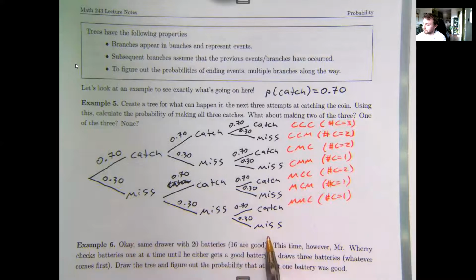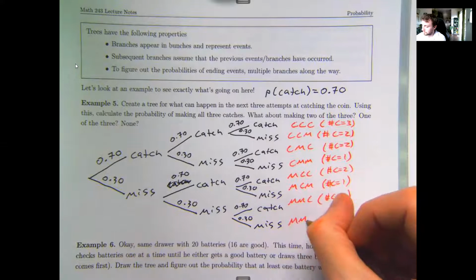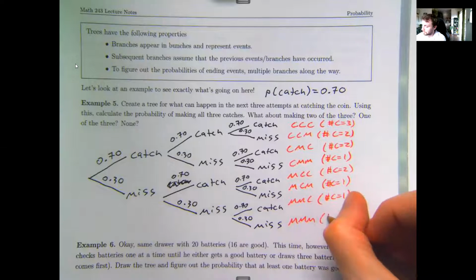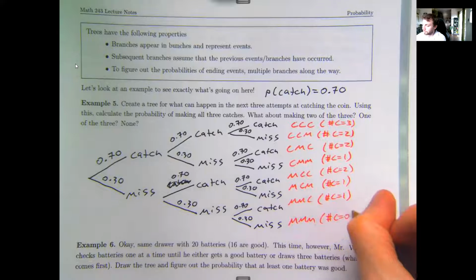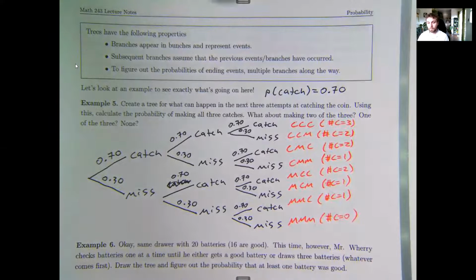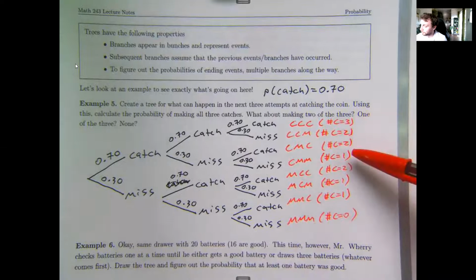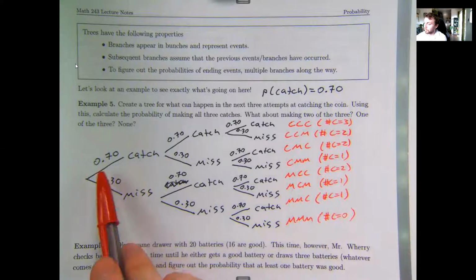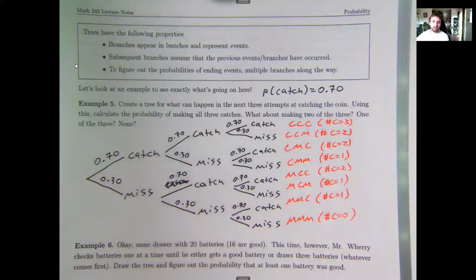Miss, miss, and miss. That's 0 catches. And to find each of these ending probabilities, you are going to multiply the branches as you go. So let's look at some of these probabilities together.